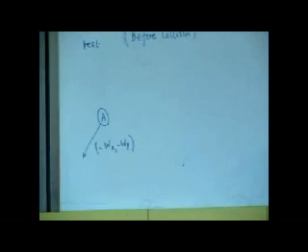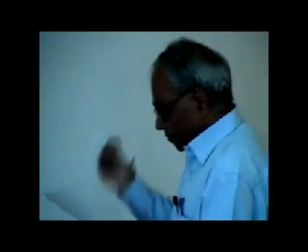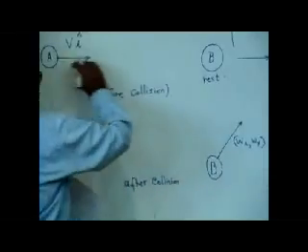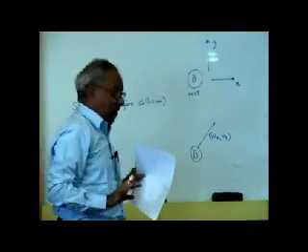Now we are ready to consider the conservation of momentum. Let's see. Initially, there was no x component or no y component of momentum. So finally, there should be no y component of momentum.